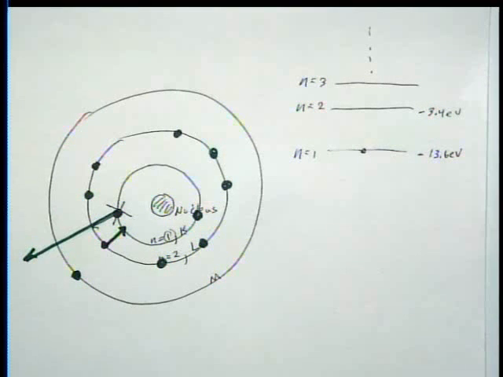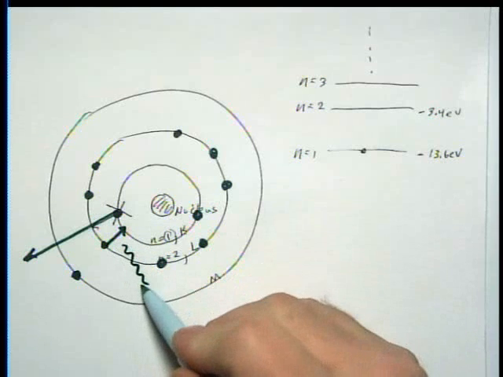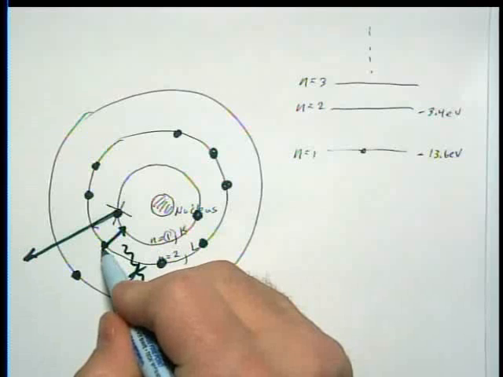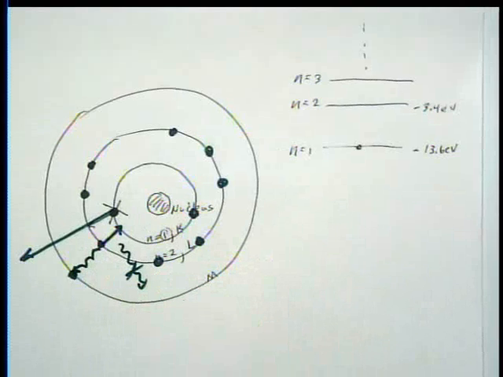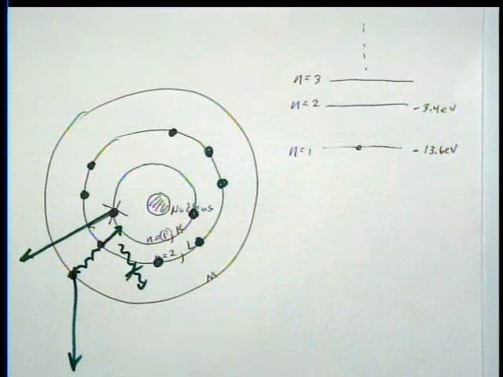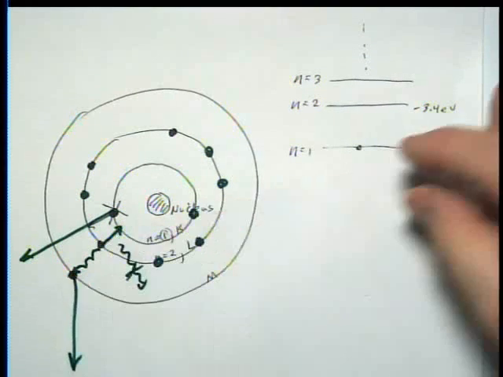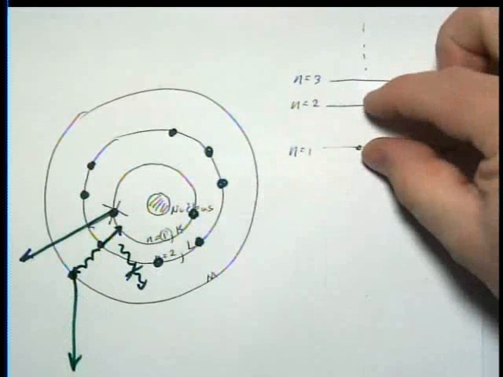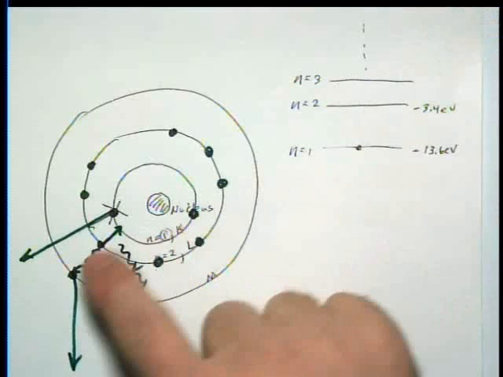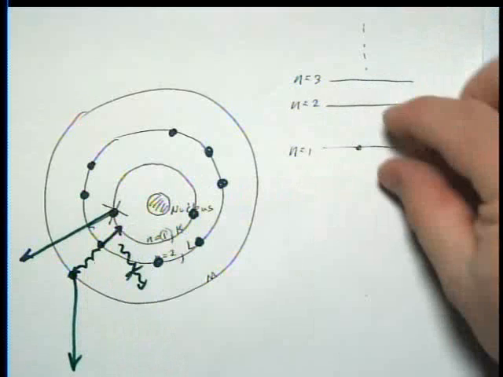You can also do something else that's kind of interesting. Instead of emitting a gamma like that, it can appear to emit a gamma to this electron and send out another electron. In this case, that energy amount was set by that gap here, however much this one gained by falling in.